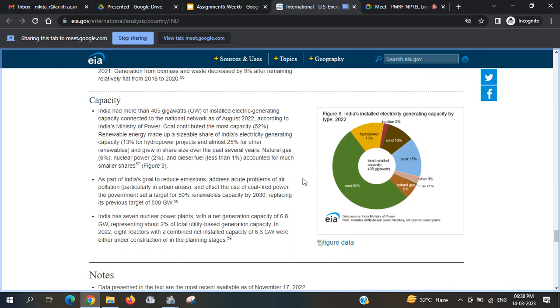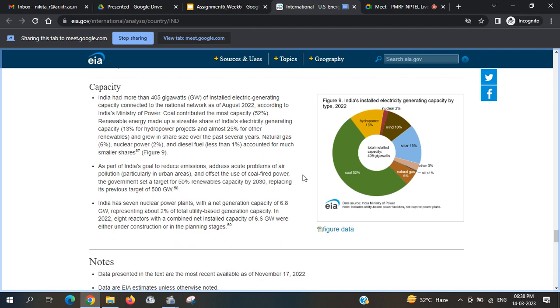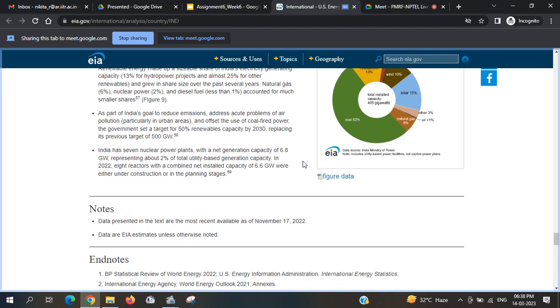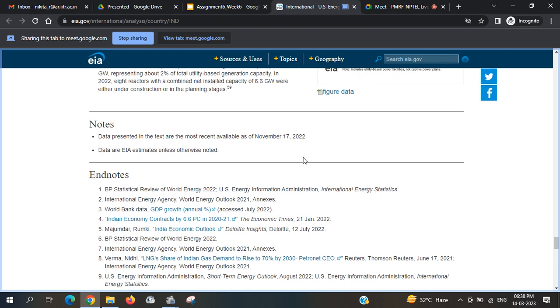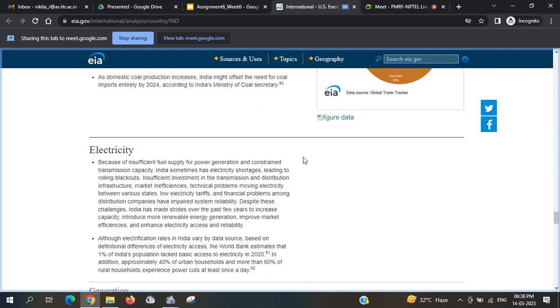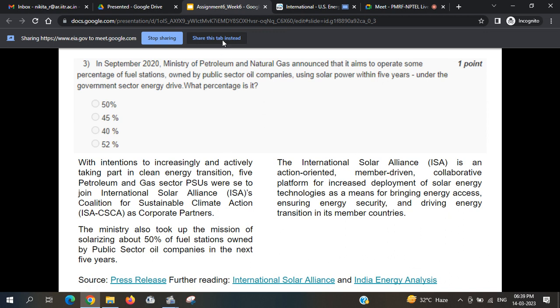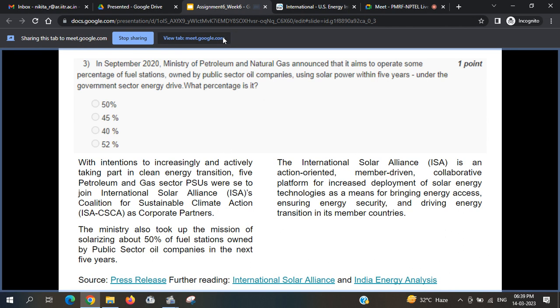Then this shows the generating capacity and such. So I think this can also be helpful to you if you want to read a little bit more about how India is transitioning to cleaner or renewable resources.